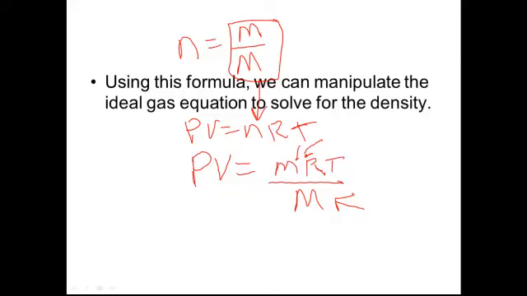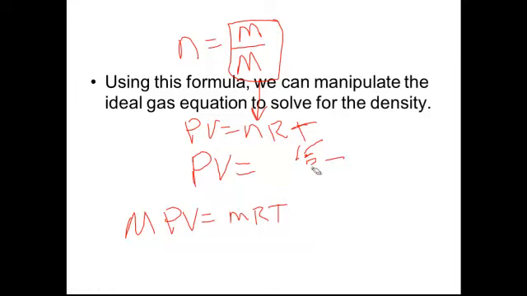Now we're going to do a little bit of algebra. We're going to multiply both sides by the molar mass on the bottom, and we end up with MPV equals mRT.